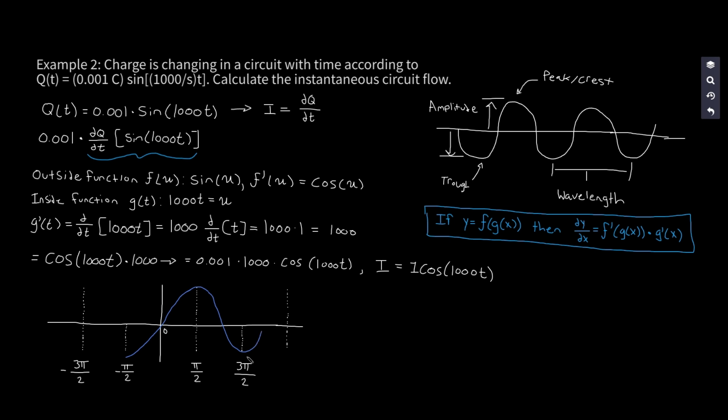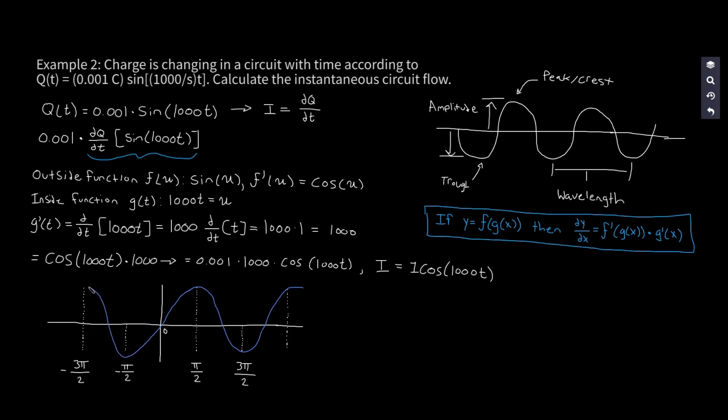Its lowest point, its minima, its trough, is right at 3 pi over 2, and then it goes right back up. It follows suit on the negative side: it has its trough at negative pi over 2, and then it climbs back up and peaks.